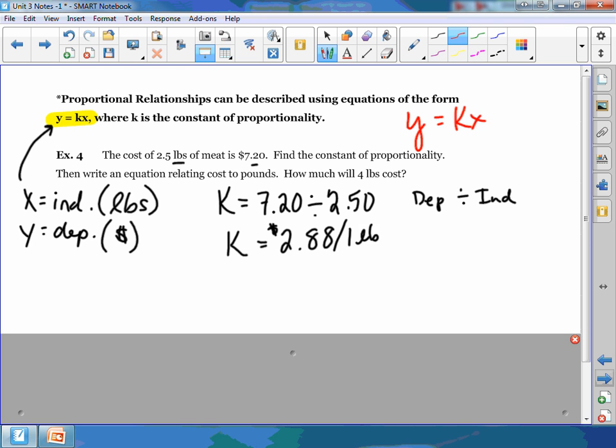If this is the equation, y equals kx, then that means k is equal to what? If I solve this equation for k, k is equivalent to what? No numbers. You're just trying to isolate the variable by getting rid of the x, really.